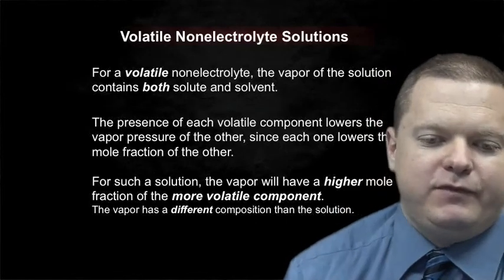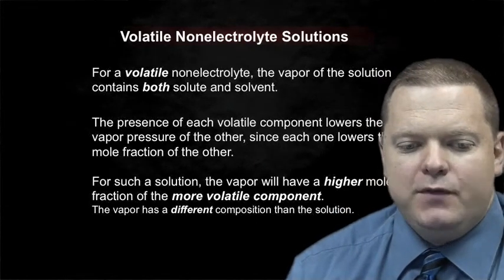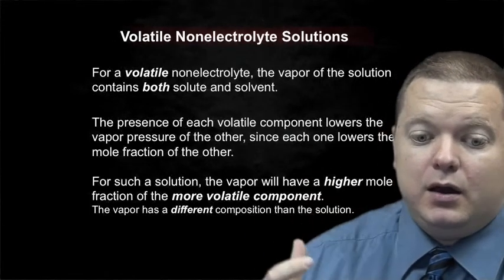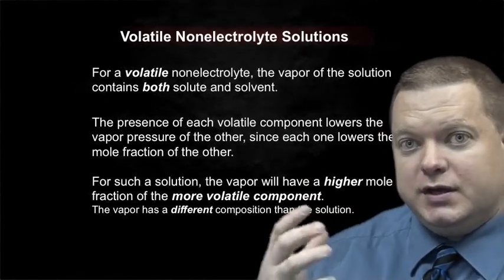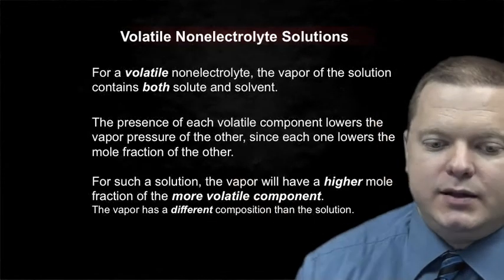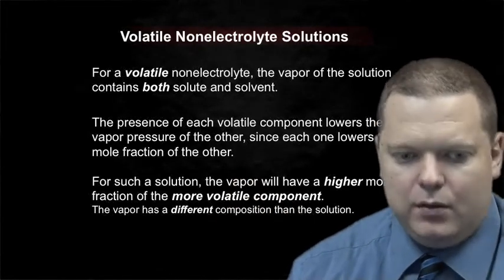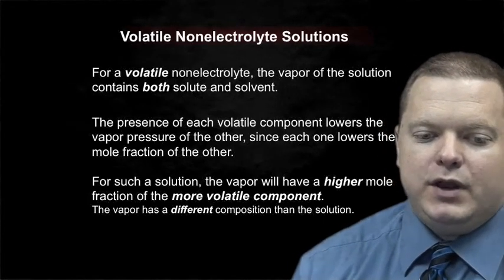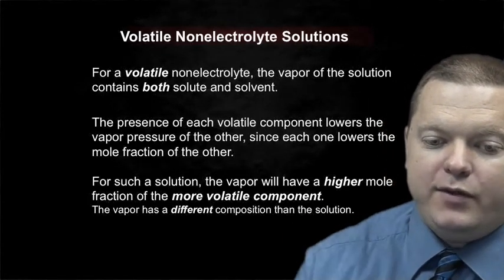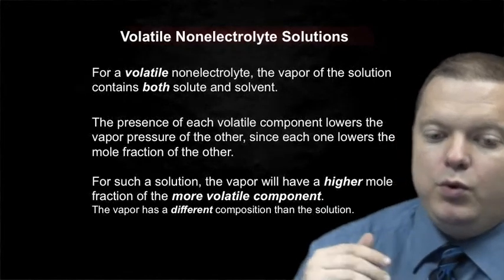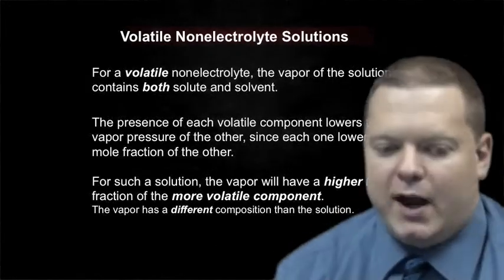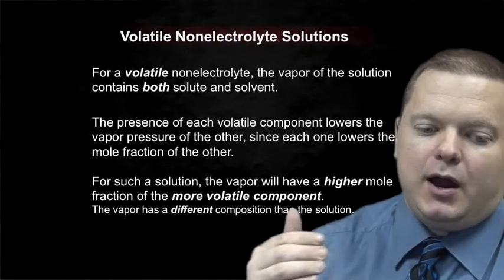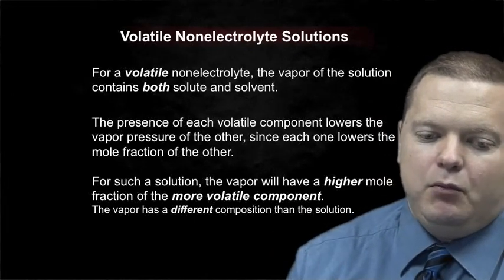So let's talk about the volatile non-electrolyte solutions. For a volatile non-electrolyte, something that can be vaporized but is not an electrolyte, the solution can contain both the solute and solvent. Each volatile component is going to lower the vapor pressure of another one, because of the mole fraction.